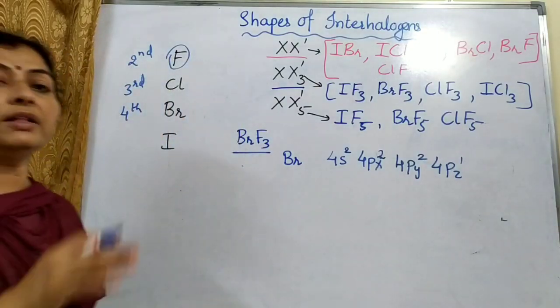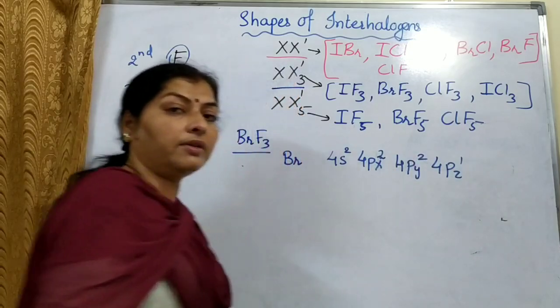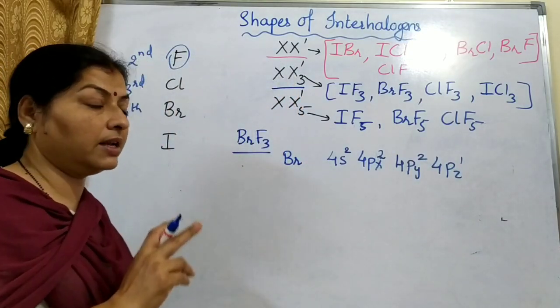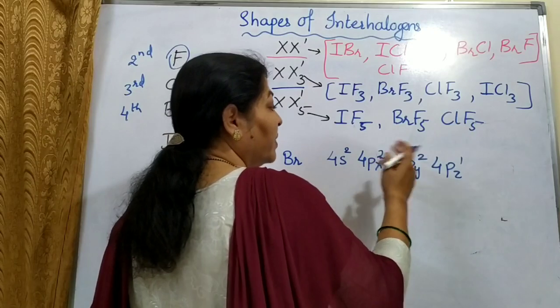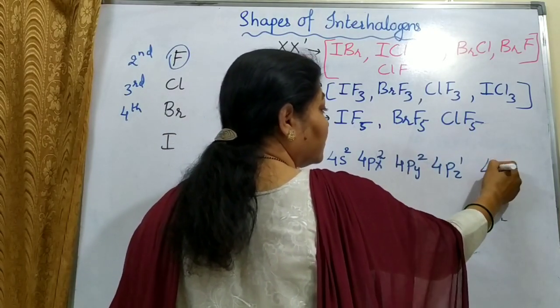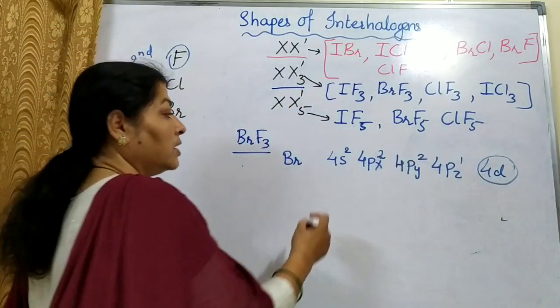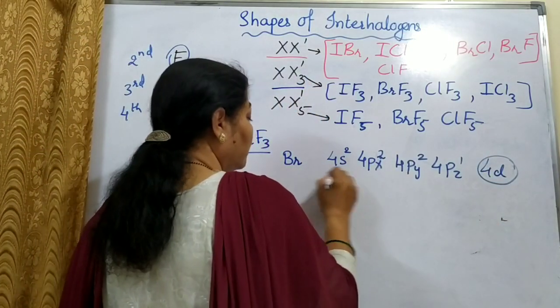Now Br has to make 3 bonds with fluorine. Here it is having only 1 unpaired electron in the valence shell. So in order to make 3 bonds, electrons will shift into the empty 4d, which is empty in the same shell. So electrons will get shifted.